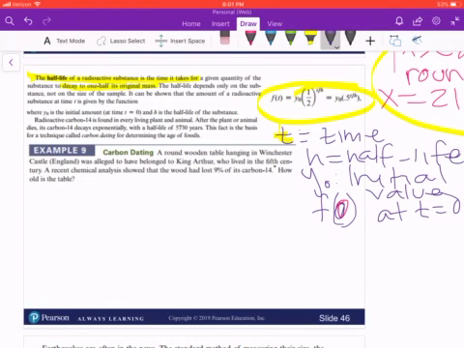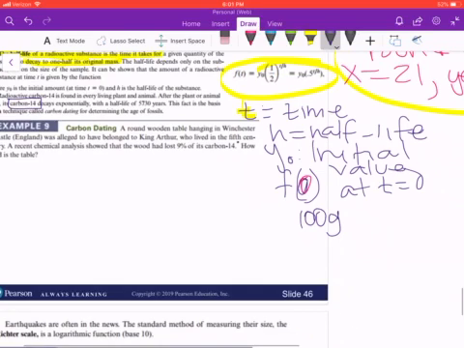So for example, if you have 100 grams of carbon-14, and we will use that one because that is the isotope of carbon that is commonly used to determine the age of fossils or human remains, or anything that contains carbon. And the reason it is used is because the half-life is 5,730 years.